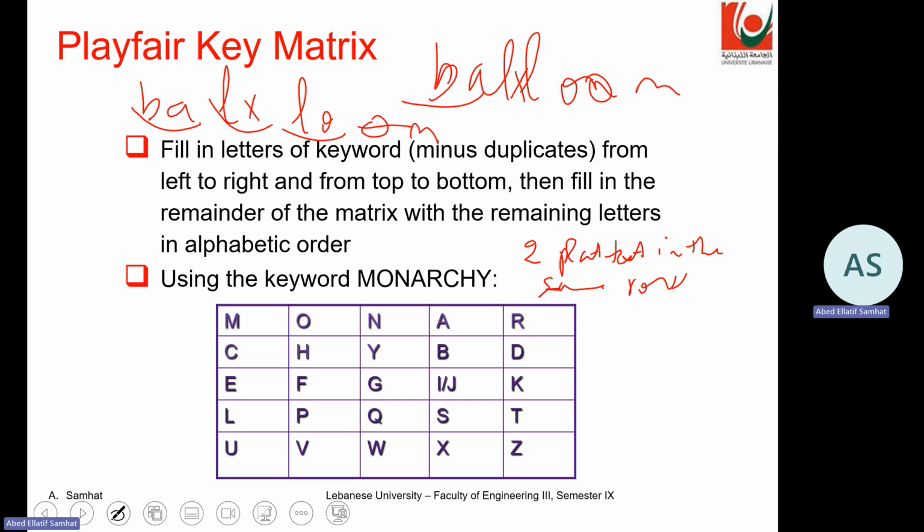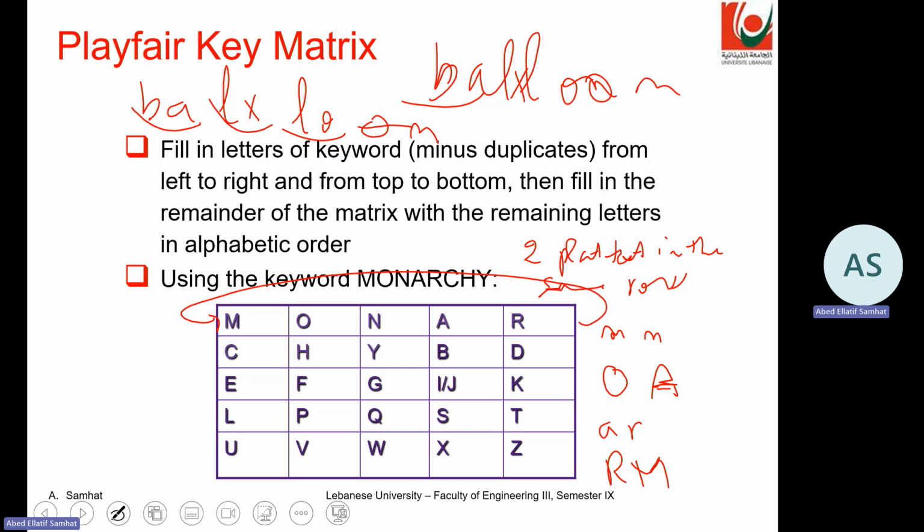So if we have, for example, M, N, because they are in the same row, we shift a letter to the right. So M will be O and N will be A. For example, if it's A, R, the plain text, A will be R, and R we shift in this direction, it will be M. So this is the case if we have two letters in the same row.